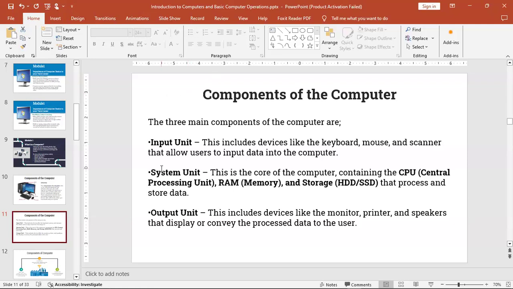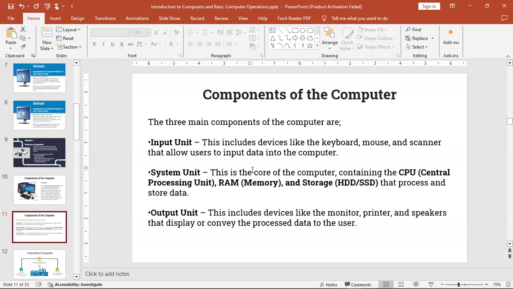Now, the second component is the system unit, and this is the most important component of the computer. We're going to see in detail how the system unit functions, how it processes the data that you sent into it. This is the core of the computer containing the CPU, that is the central processing unit.